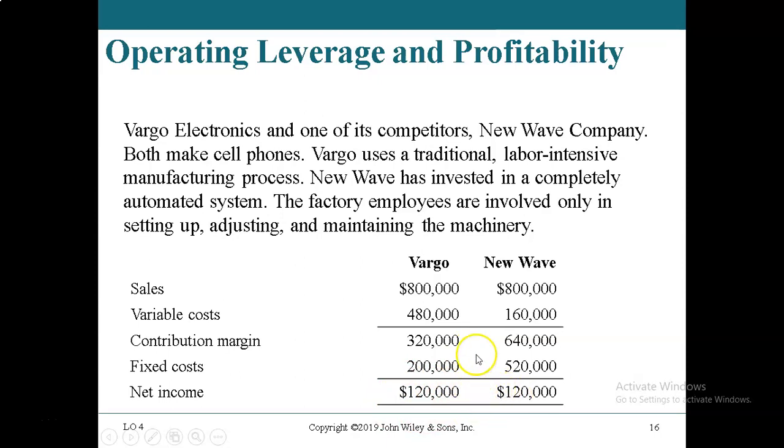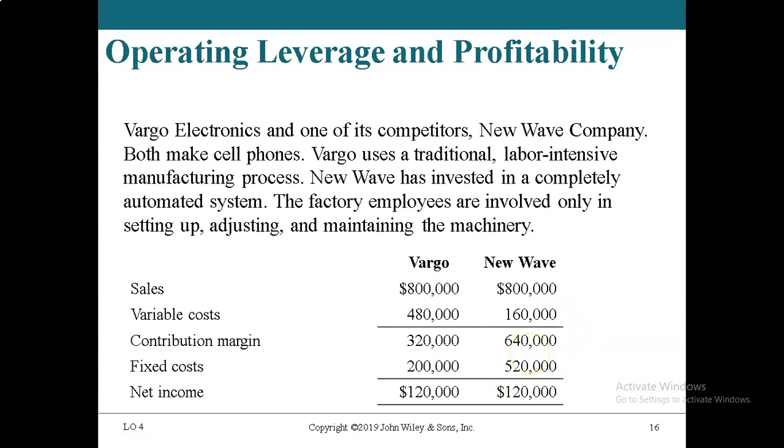So that means that Vargo and New Wave have the same total cost. Because what's 400,000 variable cost plus 200,000? That would be 680,000. What's 160,000 plus 520,000? That's 680,000.